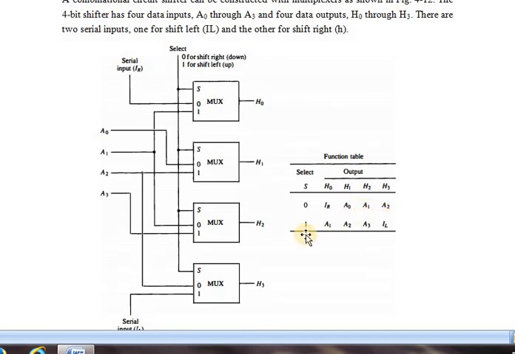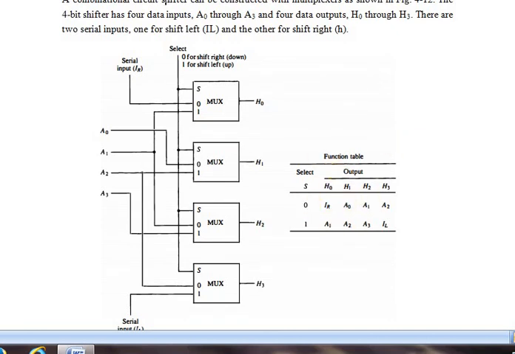If S is 1, it is the reverse: A1, A2, A3. Right means this way, left means the opposite direction. Shift right means this way, left means this way. That is what the figure and the table demonstrate.